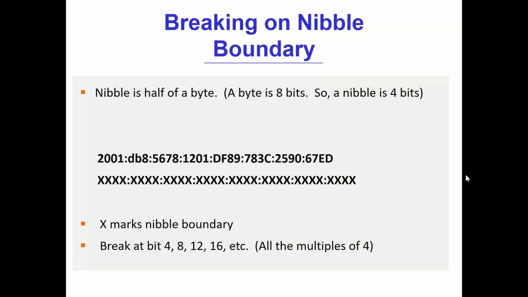The other thing that you probably want to do, now you could break this address anywhere, and especially if you're doing DHCP, which we will be talking about soon, you can say, well, I'm going to assign people starting at bit 126.